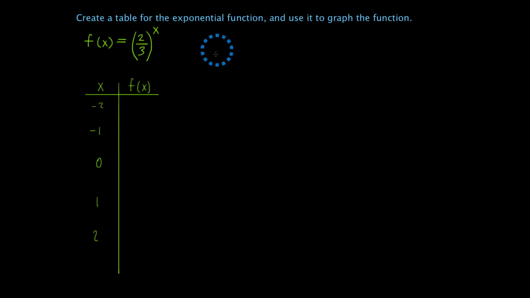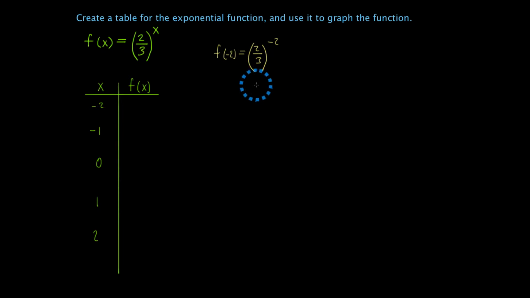All right, so f of -2 is equal to 2/3 to the xth power, which will in this case be -2. All right, this one's a little bit tricky. I have a negative exponent, and I want to make it a positive exponent. So what I'm really going to do is just flip the reciprocal of 2/3 here. So let's just flip it.